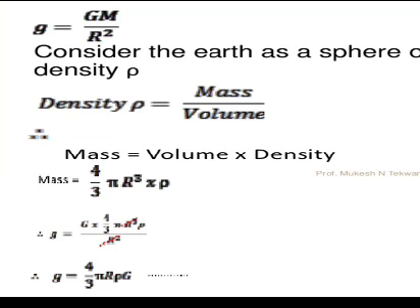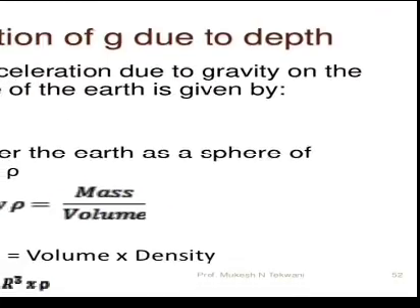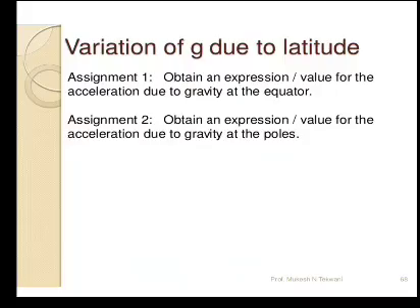R square is cancelled from R cube, then only R remains in the numerator. Then we get the equation g equal to 4 by 3 pi R rho into capital G. So this is about the gravitational acceleration.